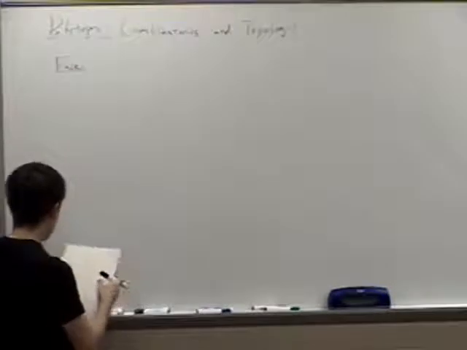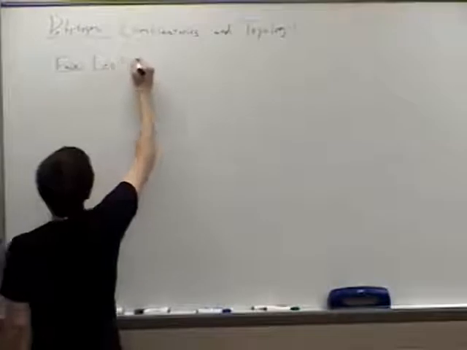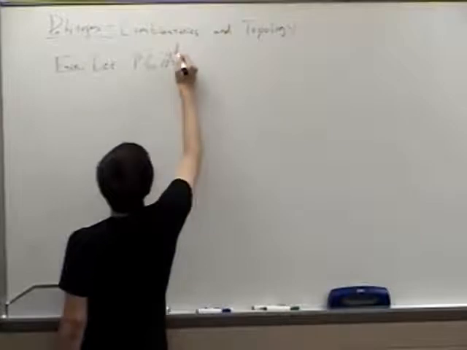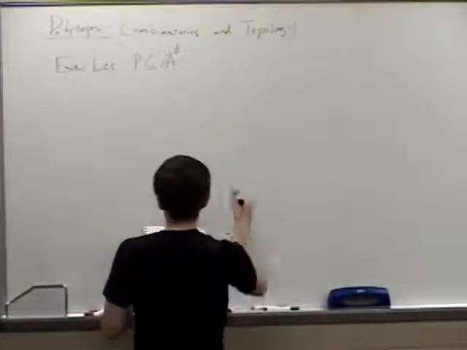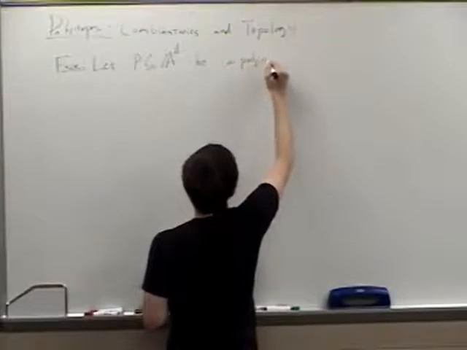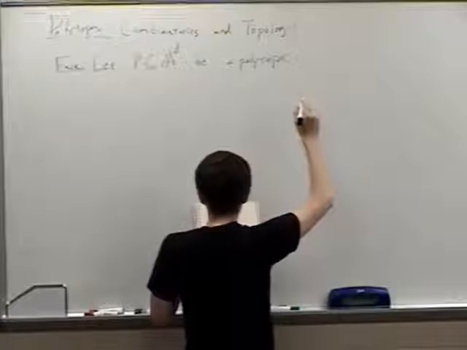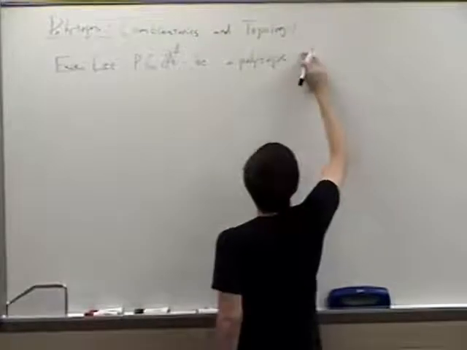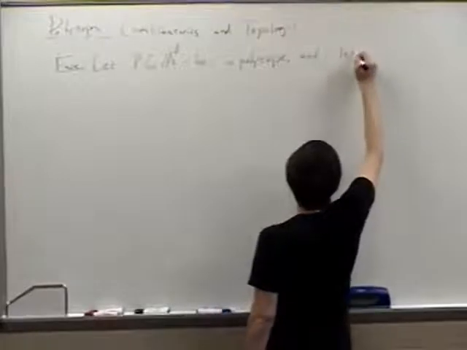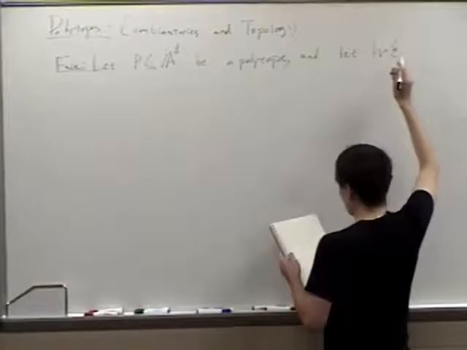Right? So here's the idea. We'll say let some polytope P contained in affine space be a polytope. And let H just be a half space.